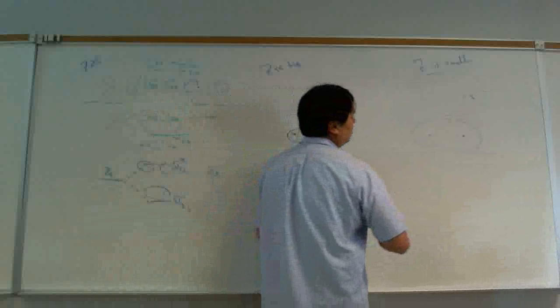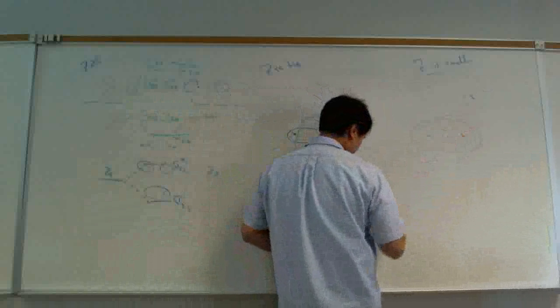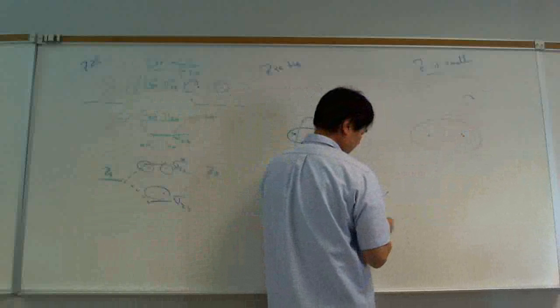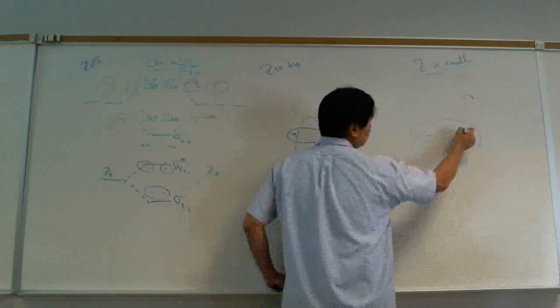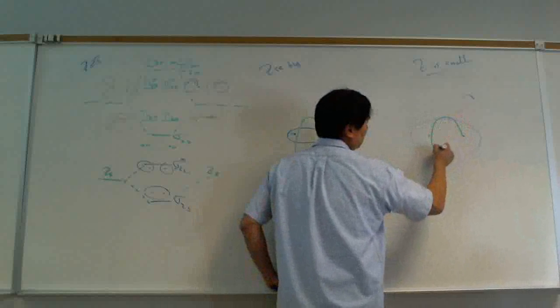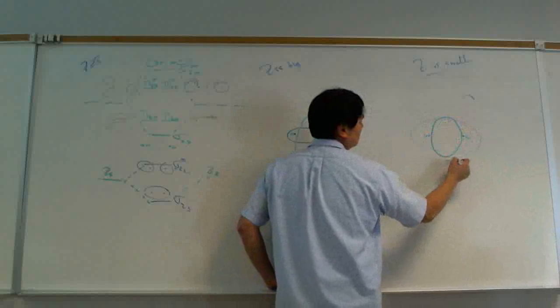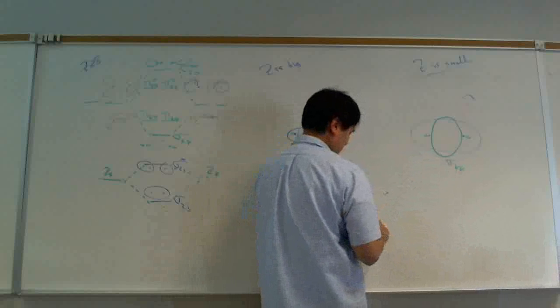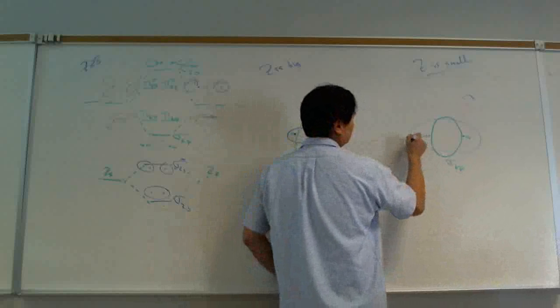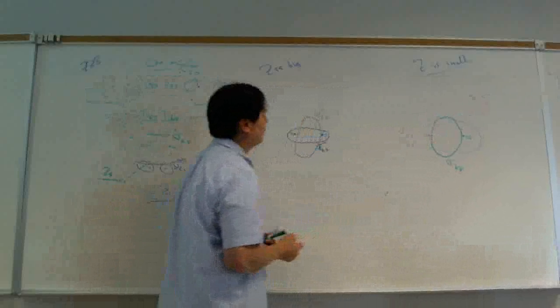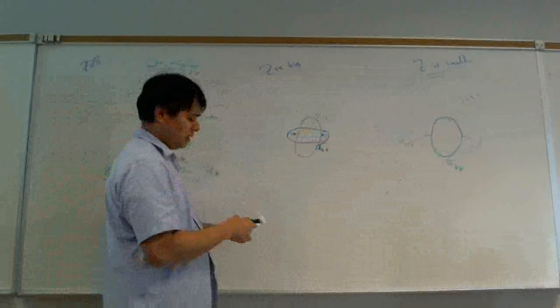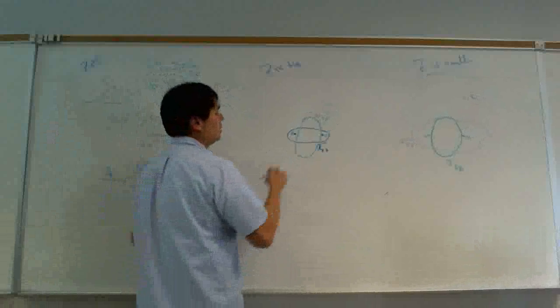What we see is that the 2s and the 2p pretty much occupy the same space. So this is sigma 2p. This would be the sigma 2s.